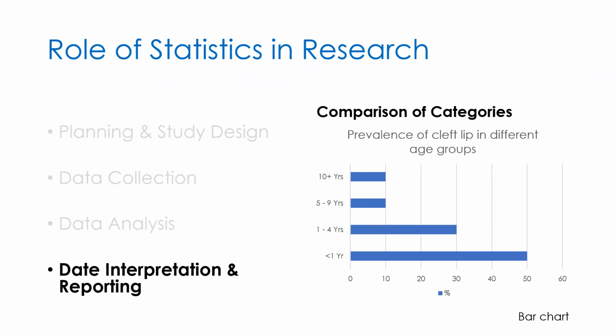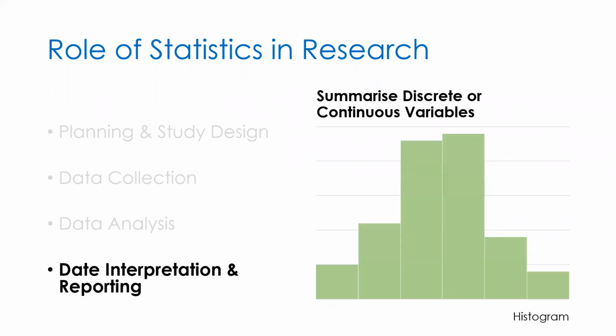So you can use a bar chart to illustrate that. The good thing about the bar chart is that, unlike the pie chart, it can tell you the absolute values of the different groups that you are talking about.